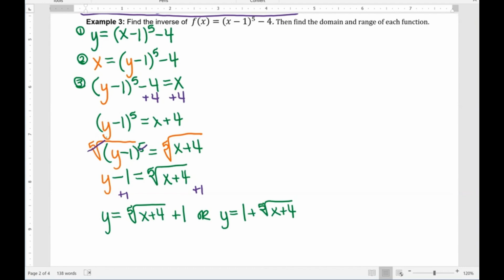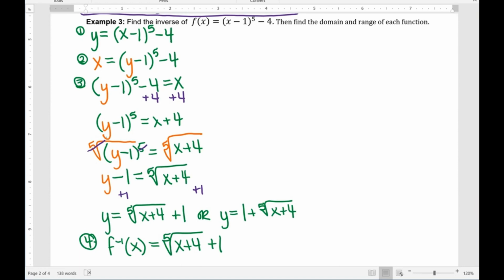is with your notation. So our 4th step, we need to do the inverse notation. So f inverse of x is equal to the 5th root of x plus 4, plus 1.